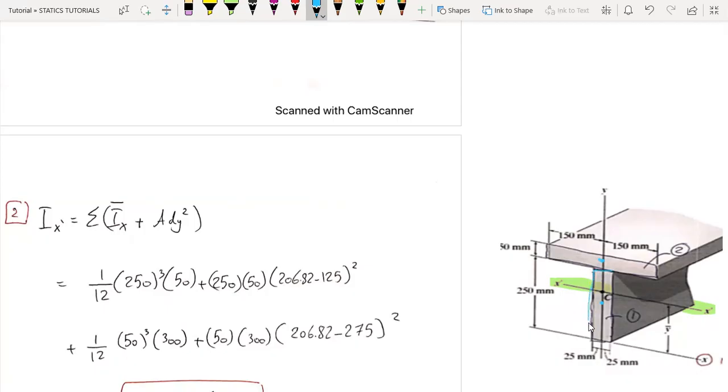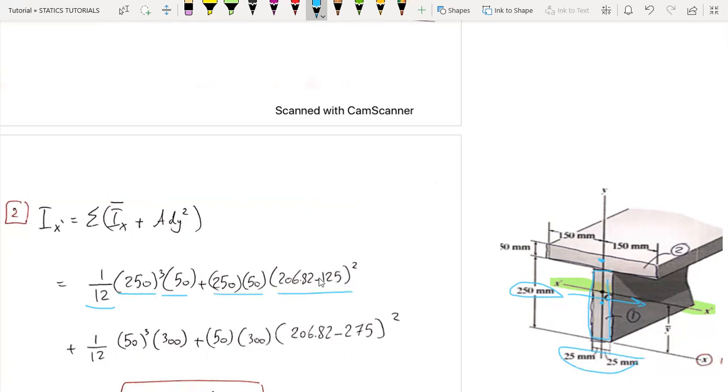We have a rectangular shape, so 1 over 12, and it's about the x-axis, so this axis is intersecting this dimension, correct? So 250 cubed multiplied by the other dimension, which is 50, plus A d squared.